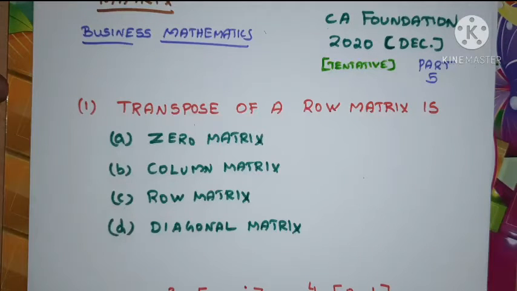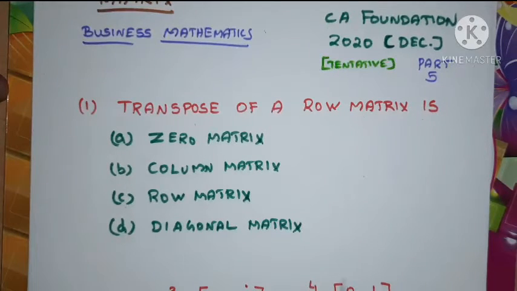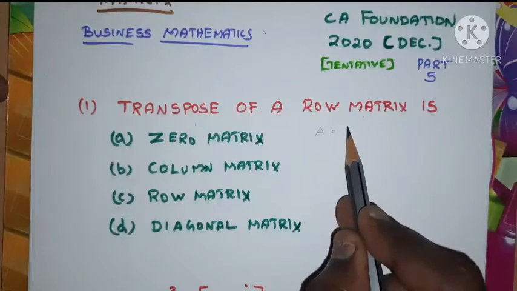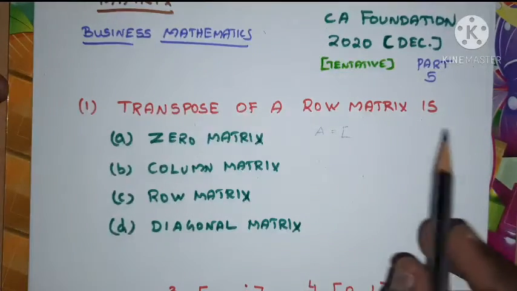If you know the properties of matrix, it's much easy. You can directly answer this one. If we take A as a matrix called row matrix, we know that a row matrix consists of only one row.